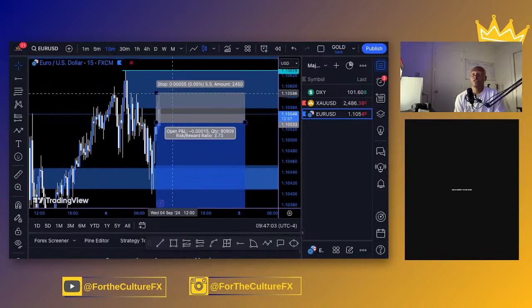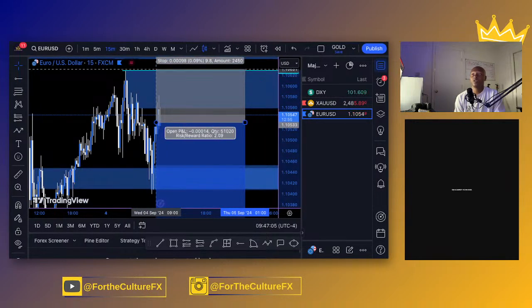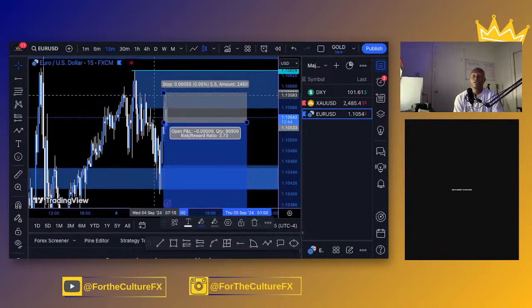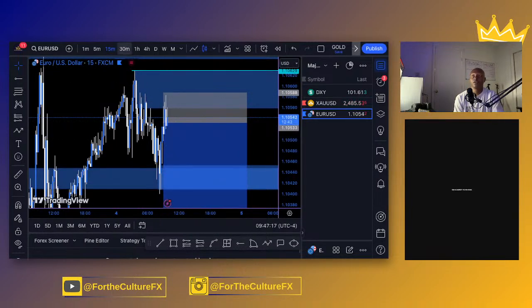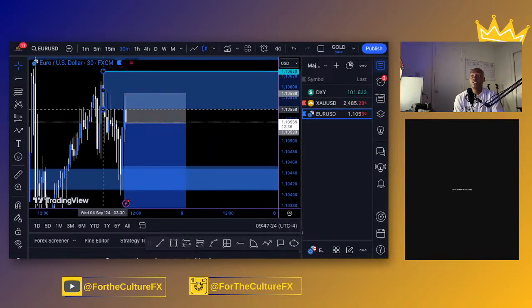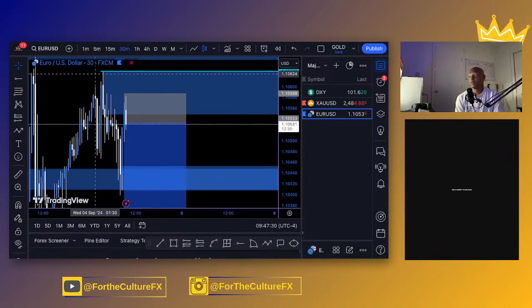Generally, a safe stop loss will be above this high, which was the key high, so you don't think price is going to break that high. But I'm getting in on this bearish reaction off of this area, the 15-minute closing bearish after tapping into that 30-minute candle. So you can see this is our 30-minute candle here. This 30-minute candle is the key area we want to see the flip off of.